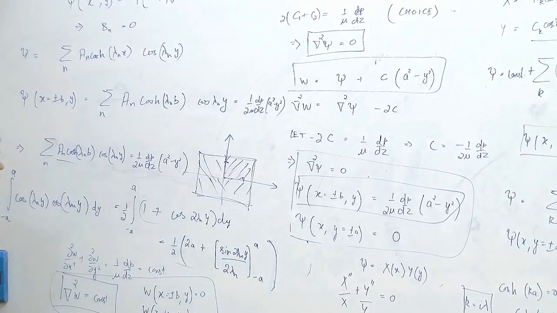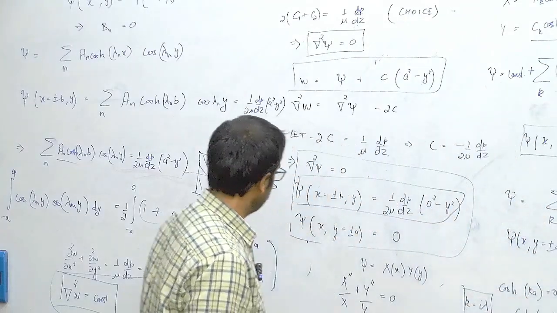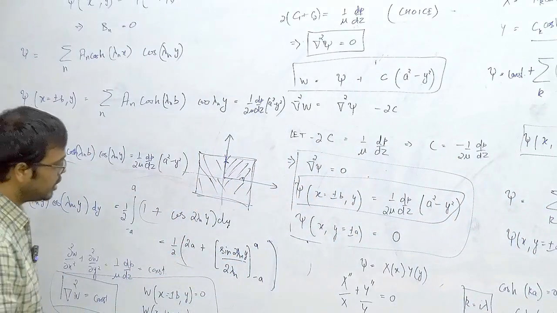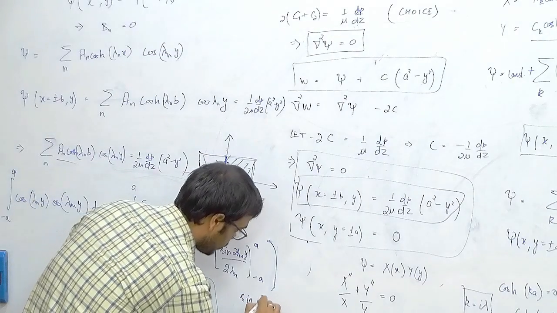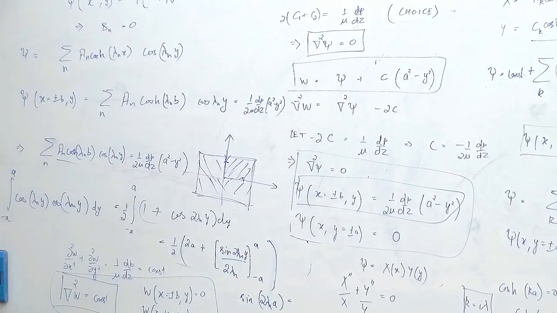And what do we have here? Sine 2 lambda n y. What is sine 2 lambda n y, where lambda n is this, or sine 2 lambda n a? What is this value? This is sine 2 lambda n a.